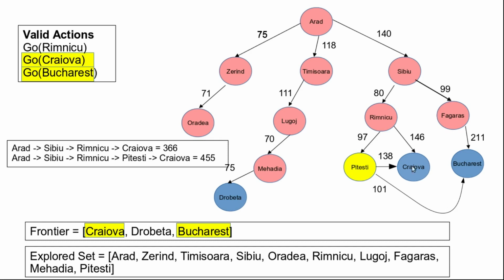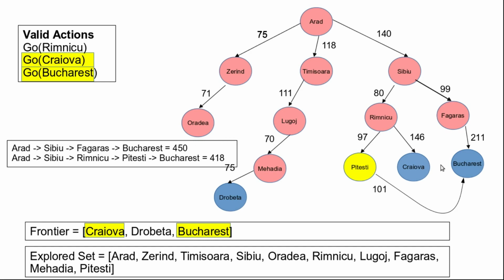So two different paths from Arad to Craiova, and the path costs are 366 and 455 respectively. Among these two paths, the best is Arad to Sibiu to Râmnicu to Craiova, and hence we will keep that path and we will discard the new path that we have found.